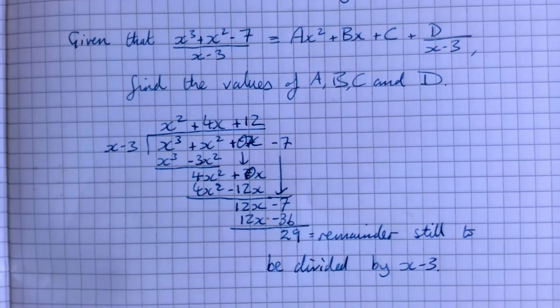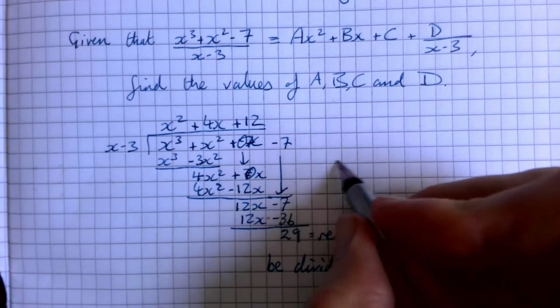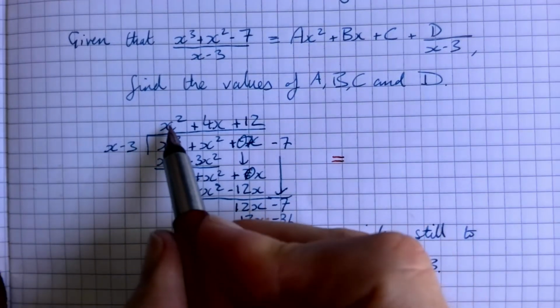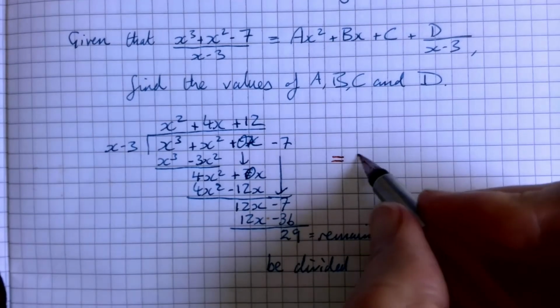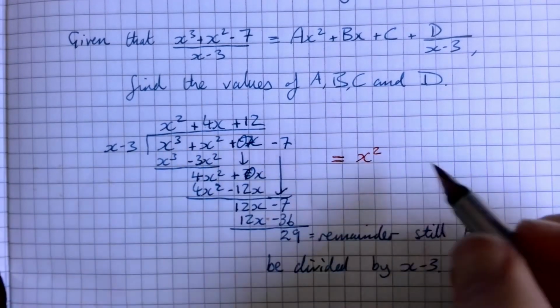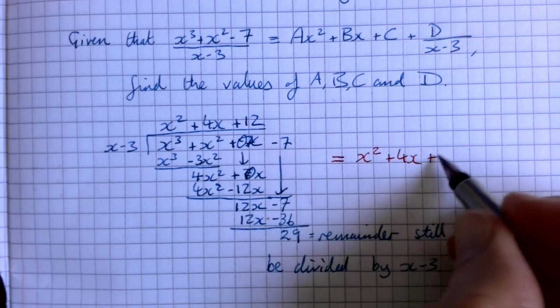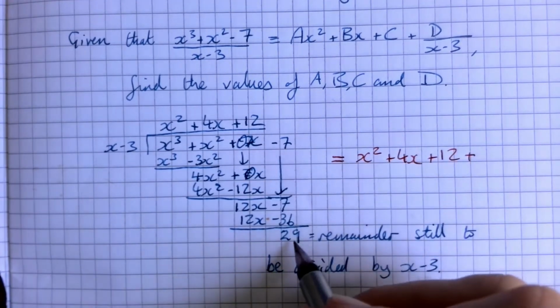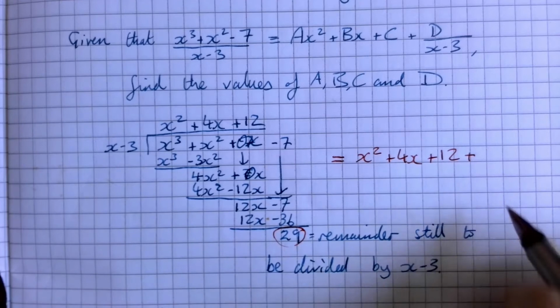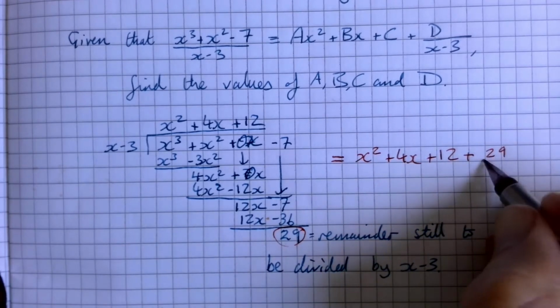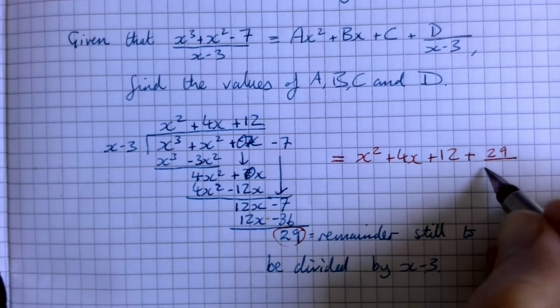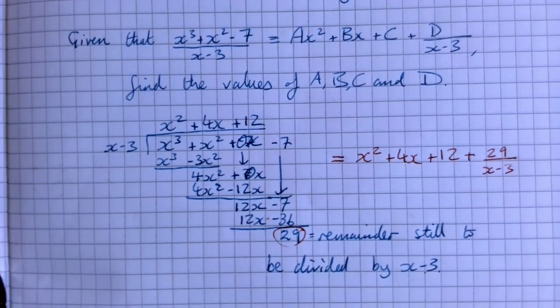So what have I got? In fact, I'm going to use red to write this out here as my answer. So what I've got is x squared plus 4x plus 12 plus 29 to be divided by x minus 3.